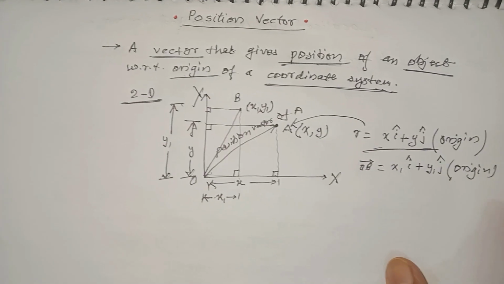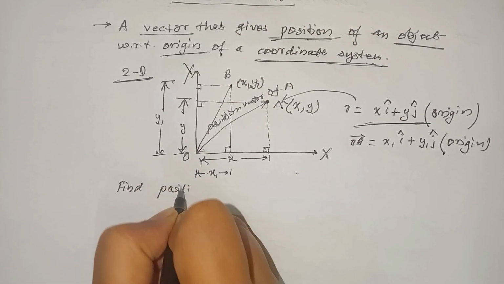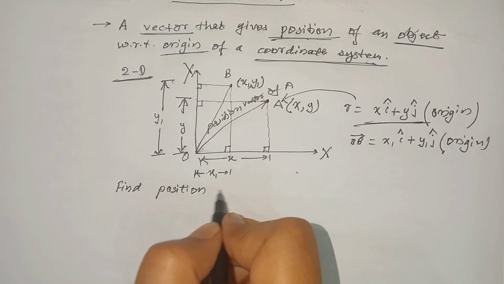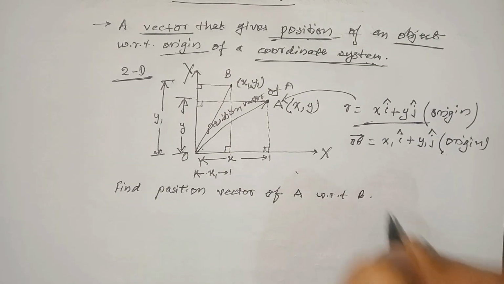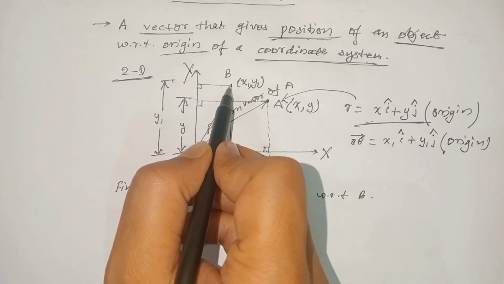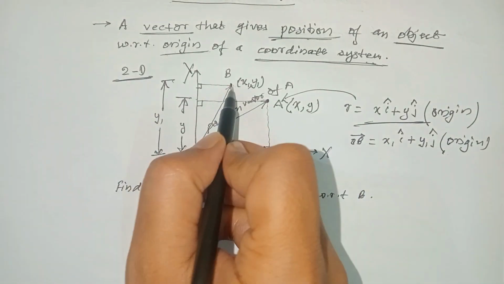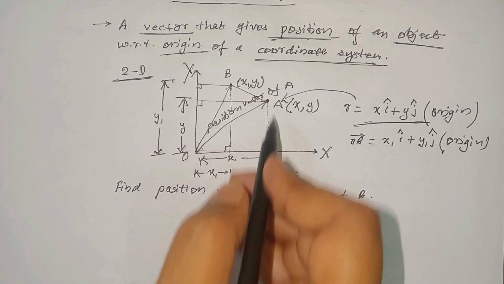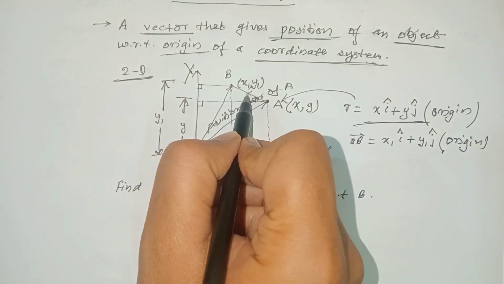Now suppose we have to find the position vector. This is one important question. Find position vector of A with respect to B, not with the origin, but from B. A with respect to B. Then what will we do? We will simply join this, and we have to find position vector of A with respect to B, so the direction will be this.